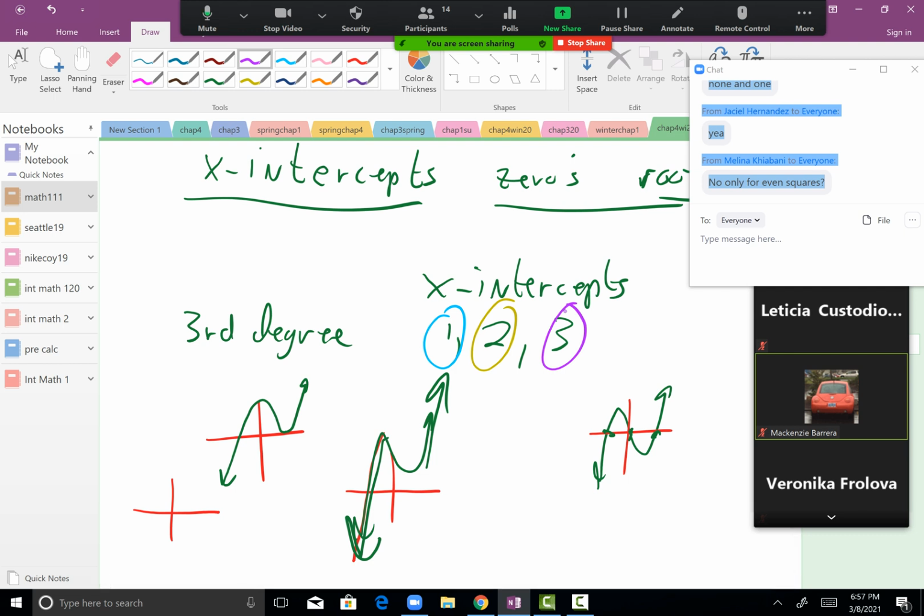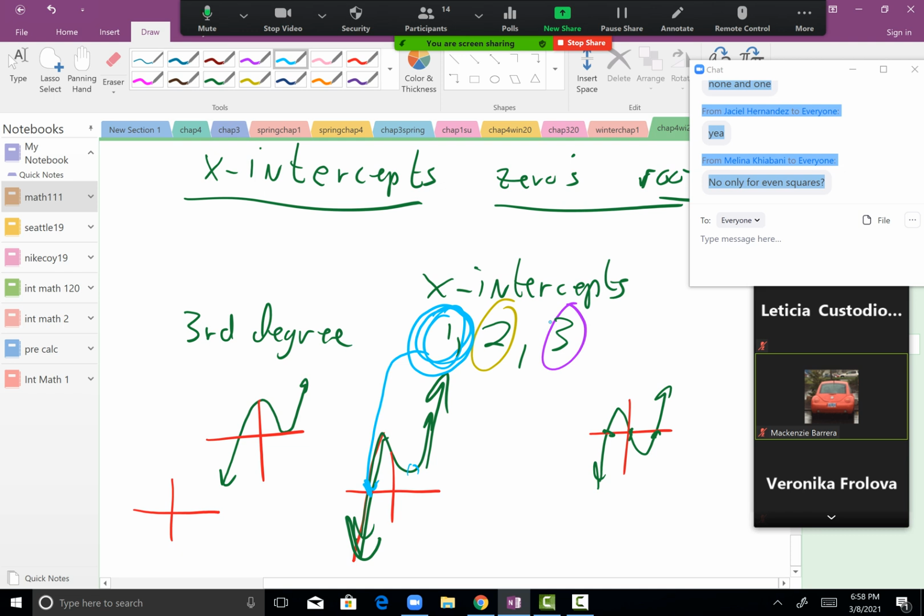The crazy thing is that if we have one x-intercept right here, then I have this turning point here, which is actually significant. But the bottom line is I could have 1, 2, or 3 x-intercepts.